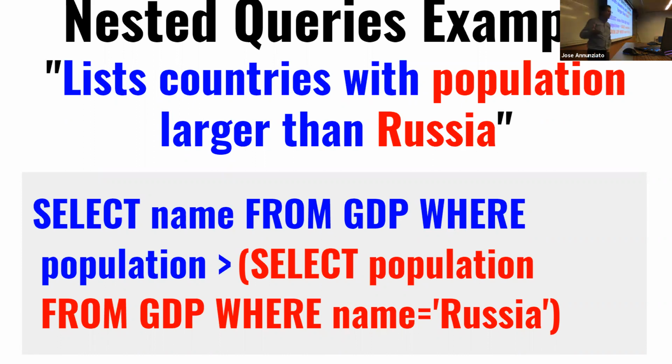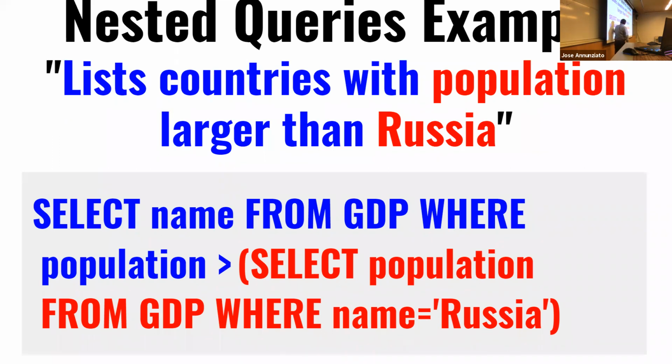Well, I want a list of countries, and I need to have the population of Russia. So first I have to go fetch the population of Russia, I have to calculate that. So an inner query might do that for me. It says, select population from the GDP table where the name is Russia, and that evaluates presumably to a single value.